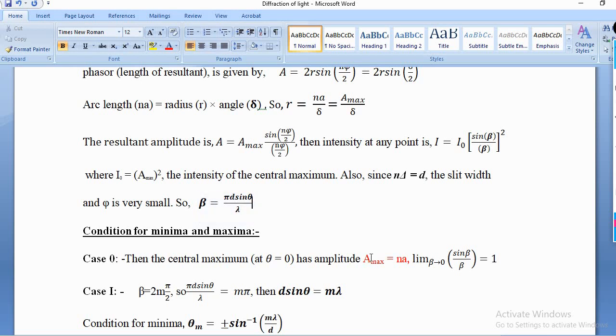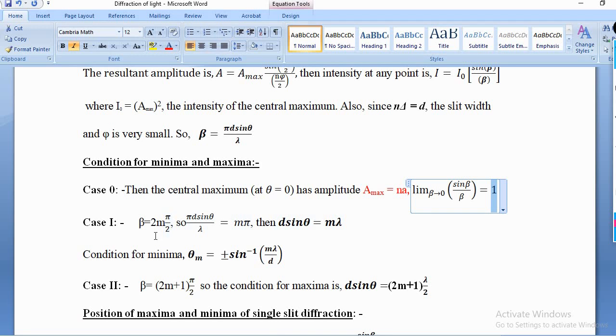When beta tends to 0, sine beta by beta is equal to 1. So I is equal to I0. This is the case of central maximum. What is I0? N into A whole square, the central maximum.